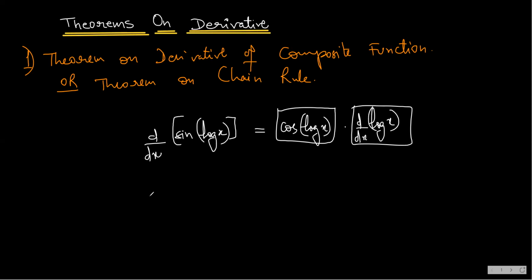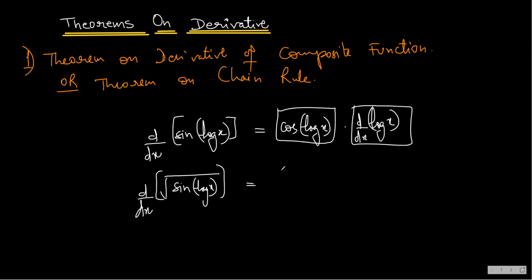Now suppose you had d by dx of square root of sine of log x. Then what would the derivative be? It will be one more step added to what you wrote. This is the square root function, but it is not square root of x. It is root of f of x.